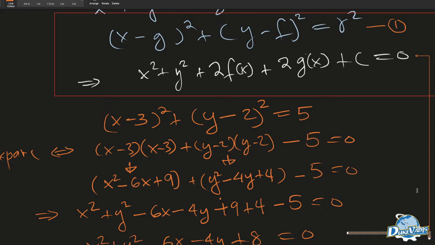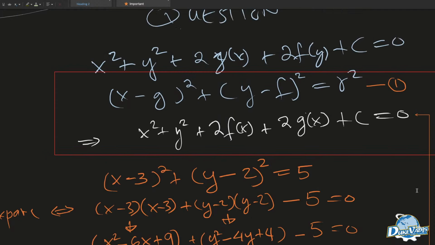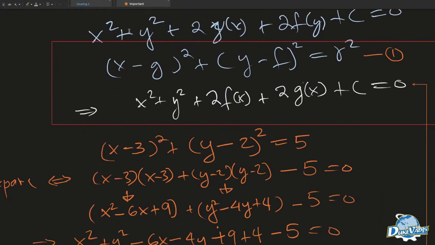Look at those two equations. What difference did they make? They are the same. So you see that it is the expansion of this equation number 1 that was done to get equation 2.